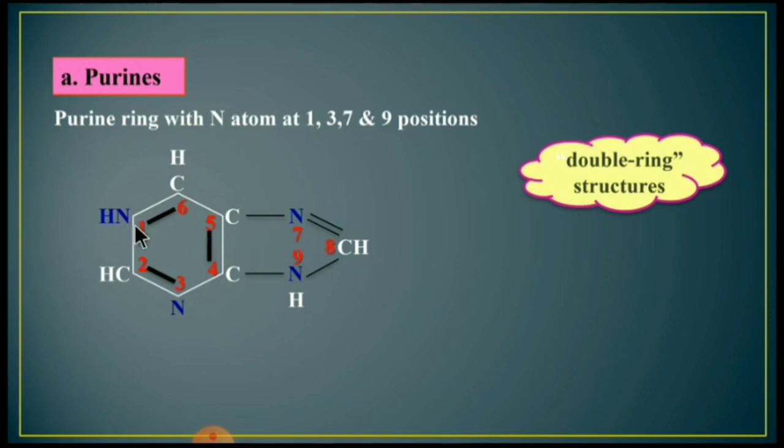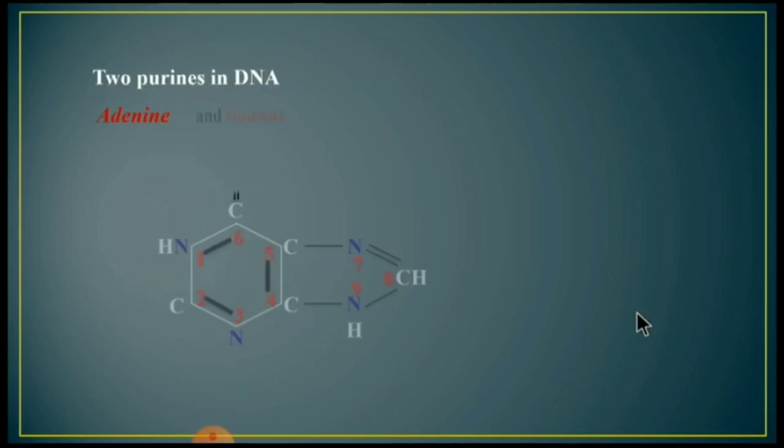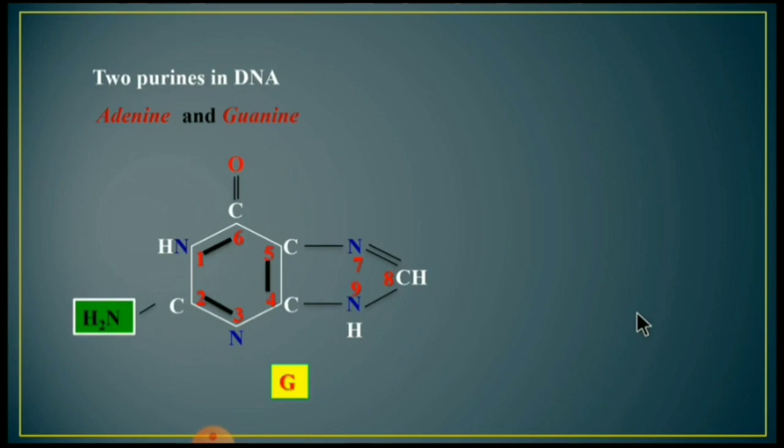Look at here, nitrogen atom is present at first position, third position, 7th position and 9th position. There are 2 types of purines. One is adenine and the second one is guanine.